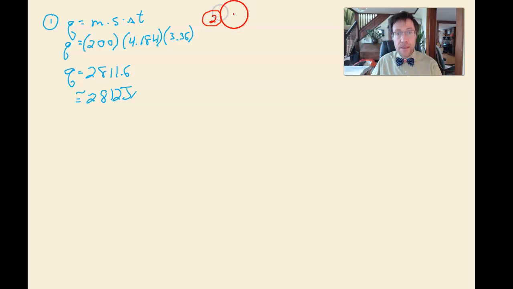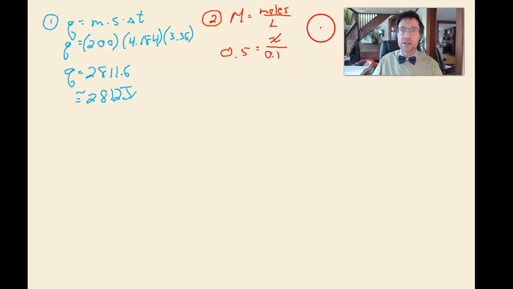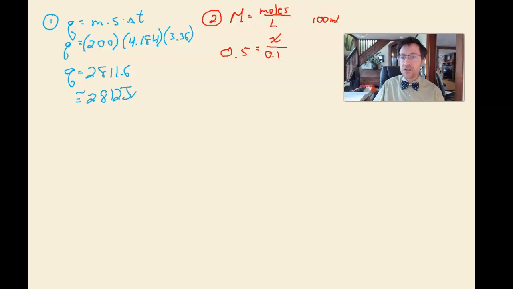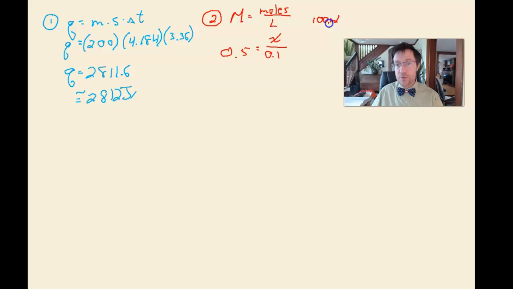All right. For step 2, I'm going to have to find the number of moles. I know that my molarity is moles per liter, because that's what I'm given. I'm given molarity and I'm given liters. The molarity is 0.5 and my liters are 0.1. How did I get 0.1 liters? If I have 100 milliliters, I take this decimal place right here and go 1, 2, 3.